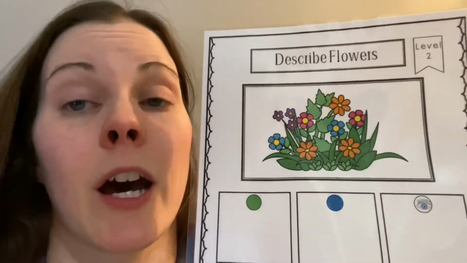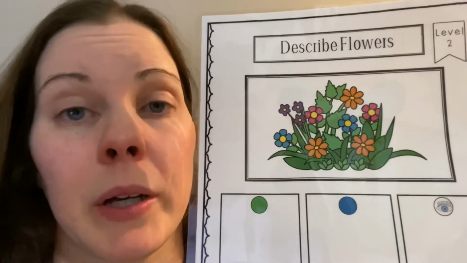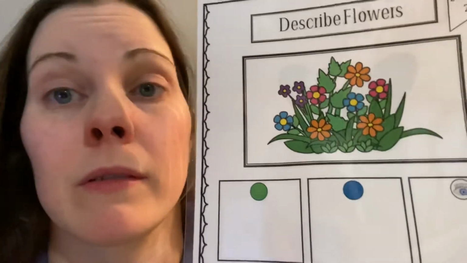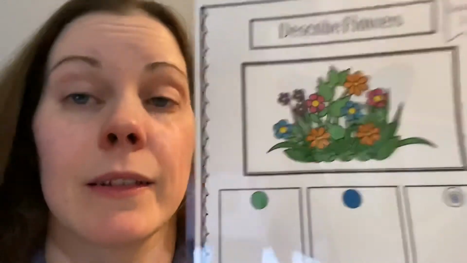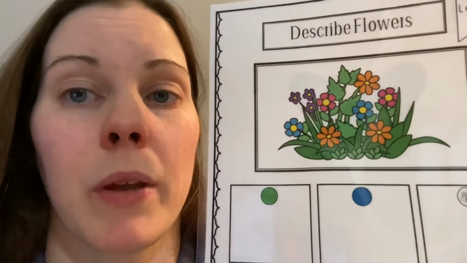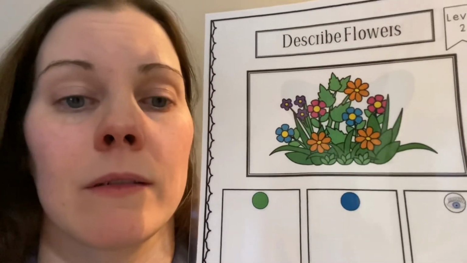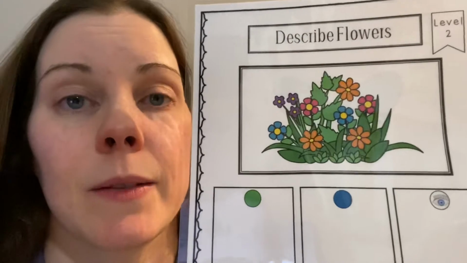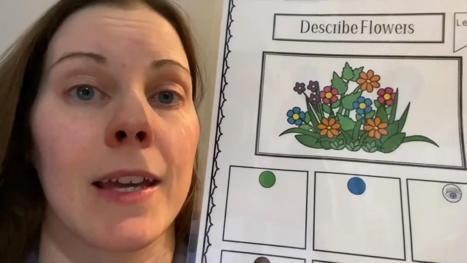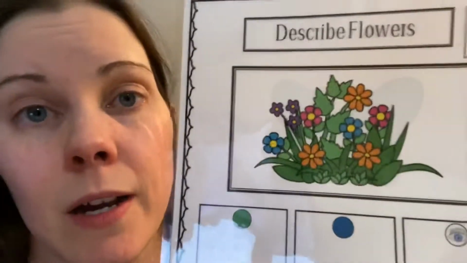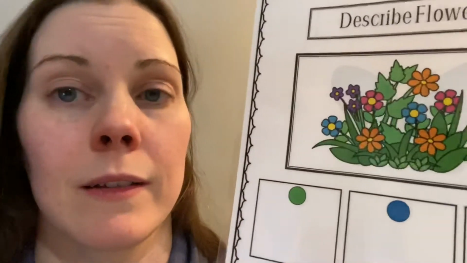Or you could say it's covered in buds, petals, leaves. It has, and then that would be the same. Petals, a stem, leaves. You can see it out in a garden, in a nursery, in somebody's yard, in the forest. And then you could say what else you know about it. There's many different kinds, daffodils, roses.